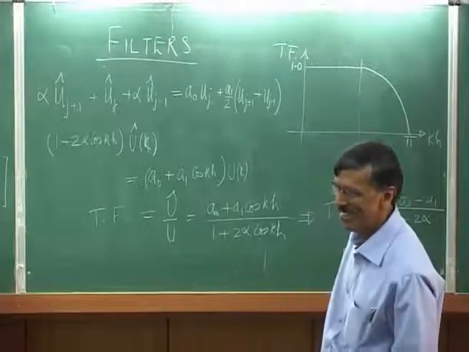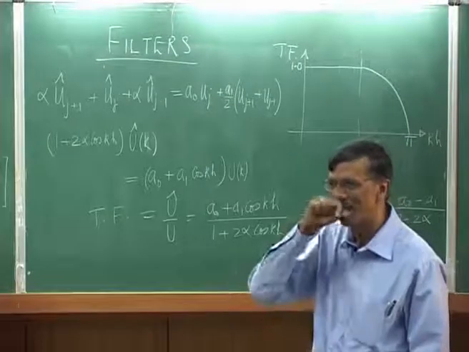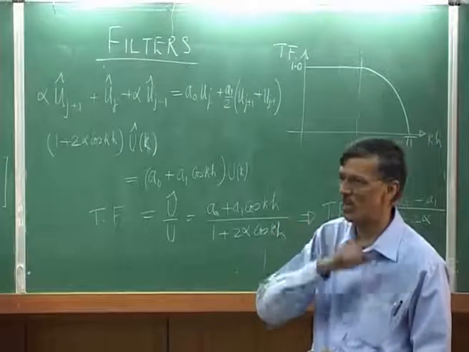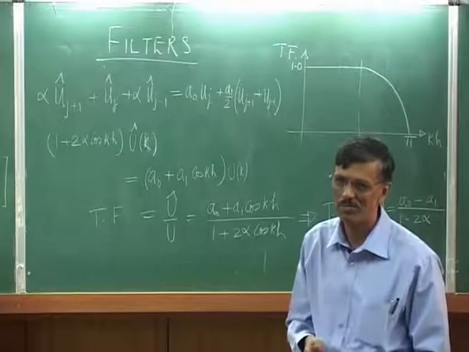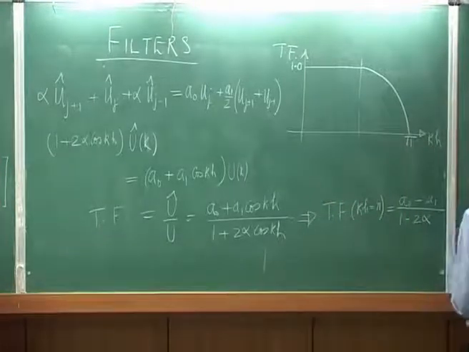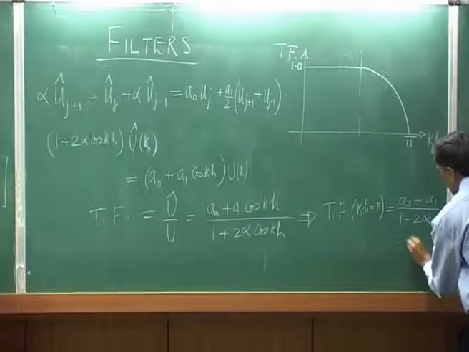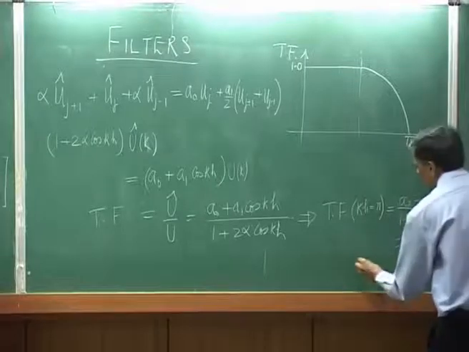But that is just what I am telling you for a second order filter. The thing that I asked you to look at is that for any order filter, you can show alpha equal to half will give you transfer function equal to 1. You should be able to do that. But then if I want this equal to 0, then of course I require the numerator to be equal to 0.